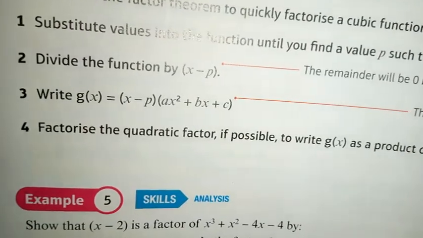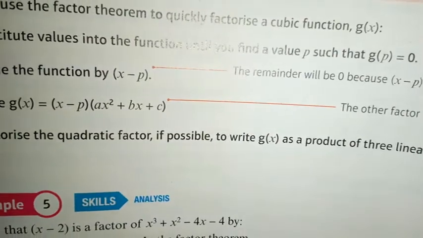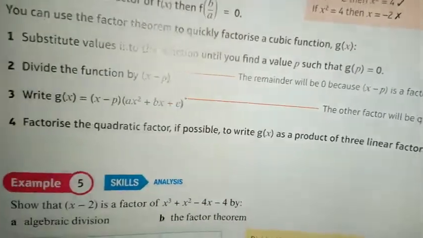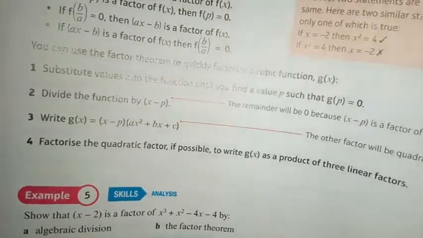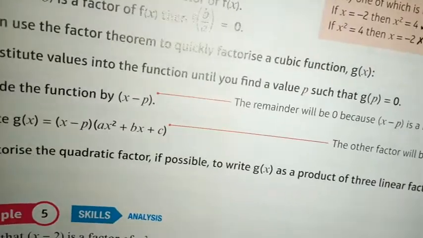Factorize the quadratic factor if possible, to write g(x) as a product of 3 linear factors. All those steps are going to be explained in example 5 through example 6.